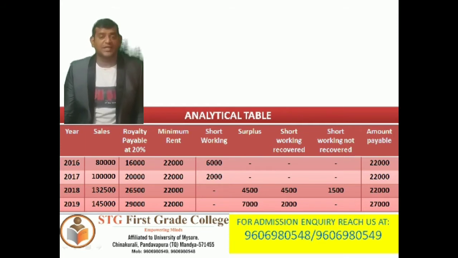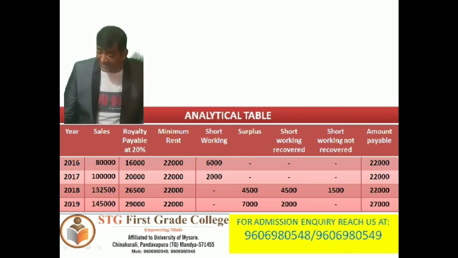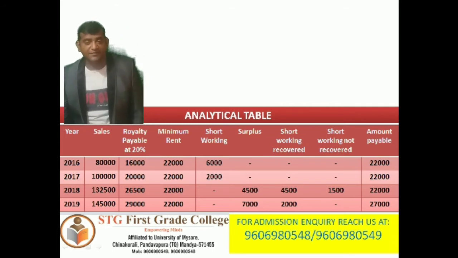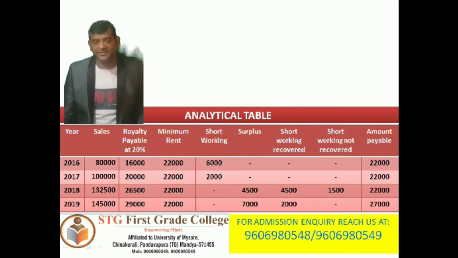How much short working? 6,000 rupees, that is 22,000 minus 16,000. So surplus nil, short working recovered nil, short working not recovered nil. So amount payable 22,000. So in the year 2017, sales value is 1 lakh rupees. 20% on 1 lakh is 20,000.